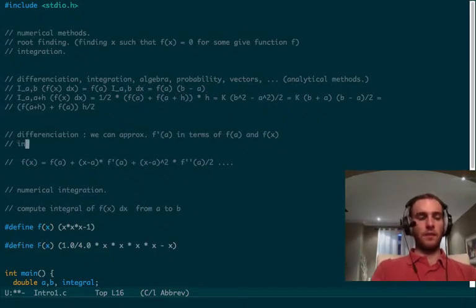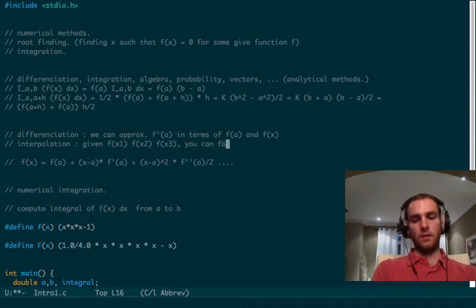Another thing is interpolation. Given f of x1, f of x2, f of x3, you can find a parabola.